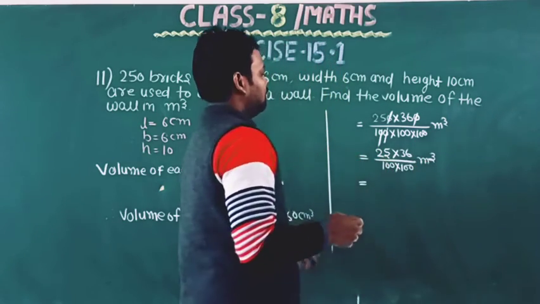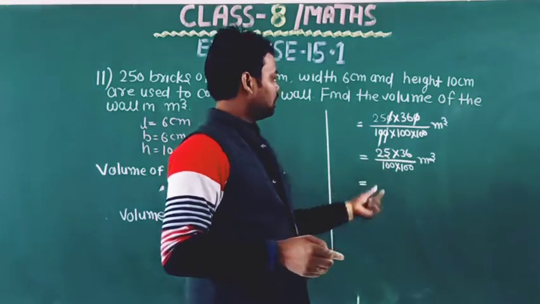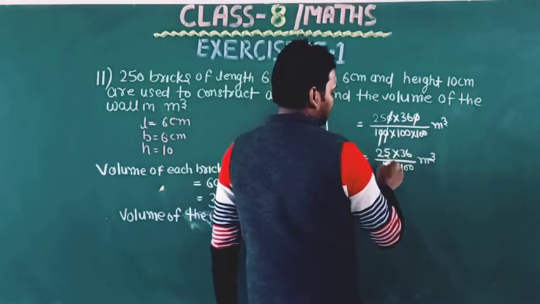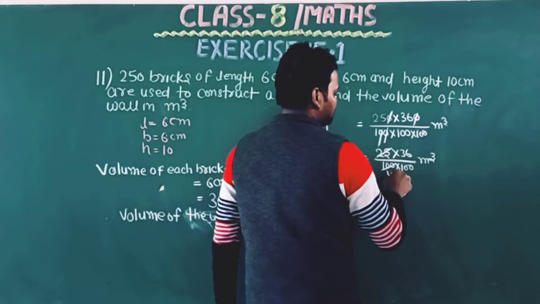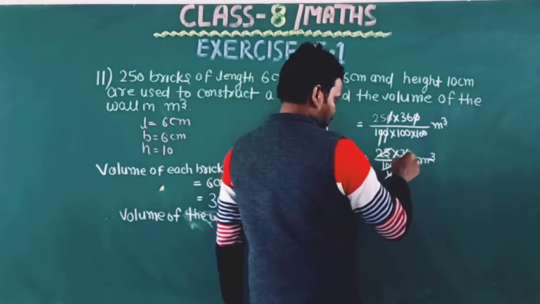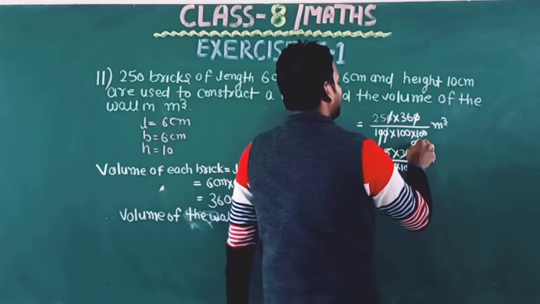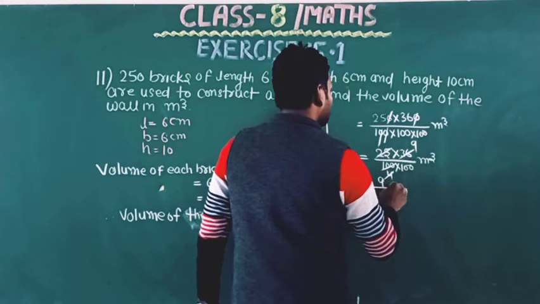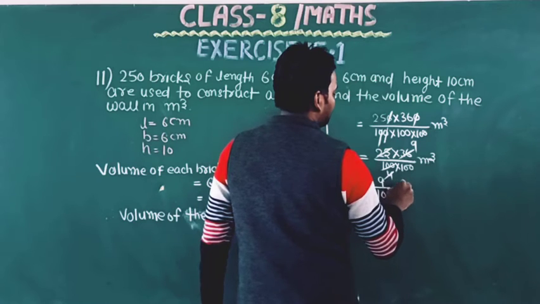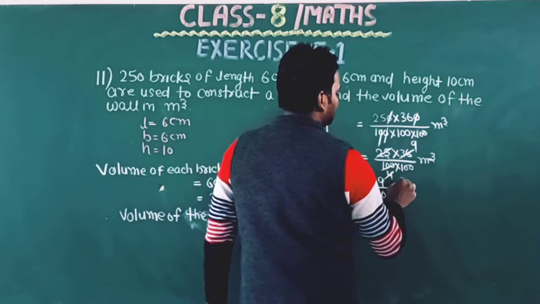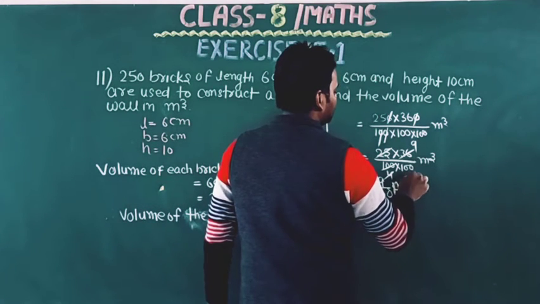Here we can again cancel out 100 by 25 in 4 times and 36 in 9 times. So remaining are 9 upon 100 meter cube.